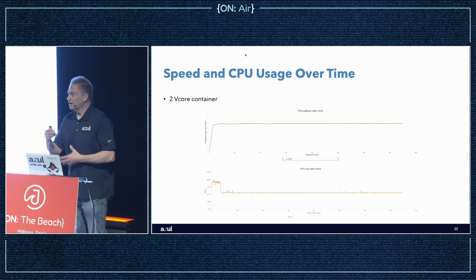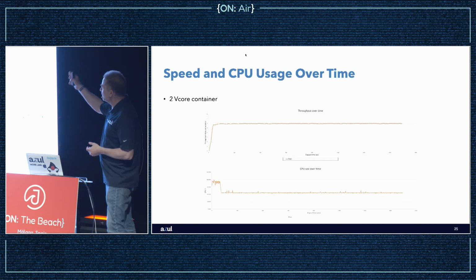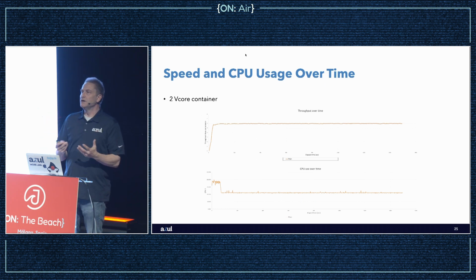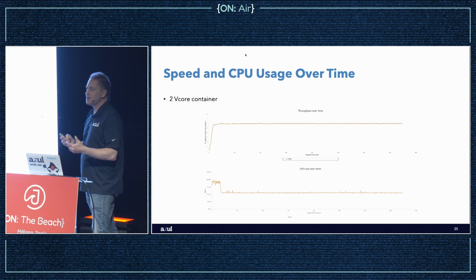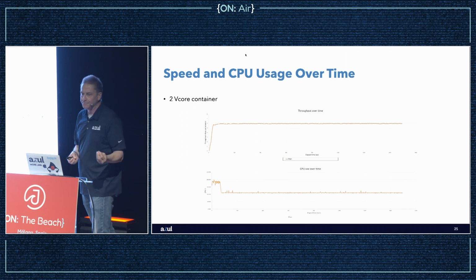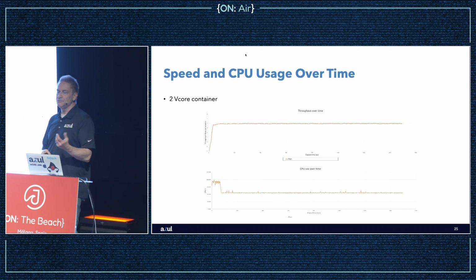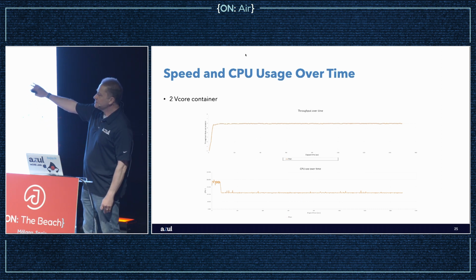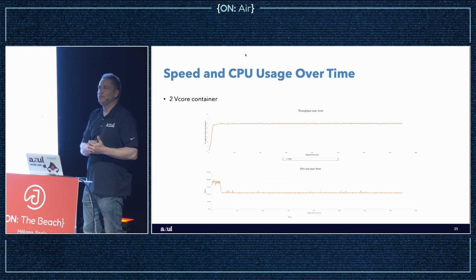And if we look at, again, some more graphs here, so hopefully you can see this. What we've got here is running a simple application service in a 2 vCore container. This was using HotSpot, using the C2 JIT compiler. What we see here is, again, like that graph that I showed you earlier, we've got that starting off slow.